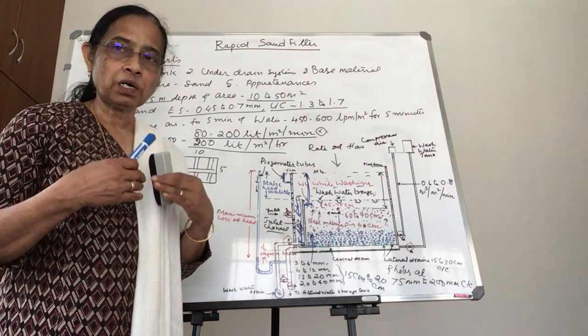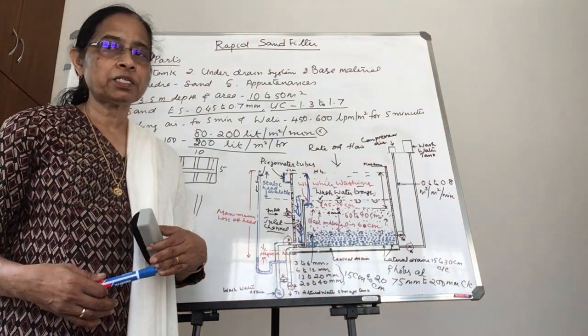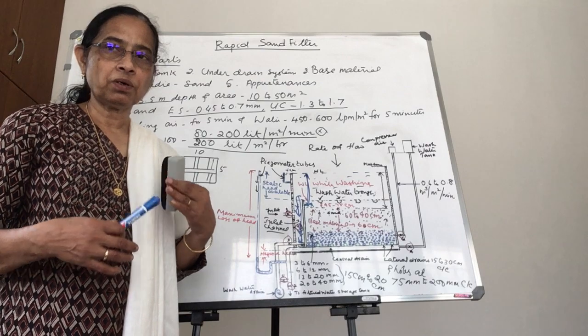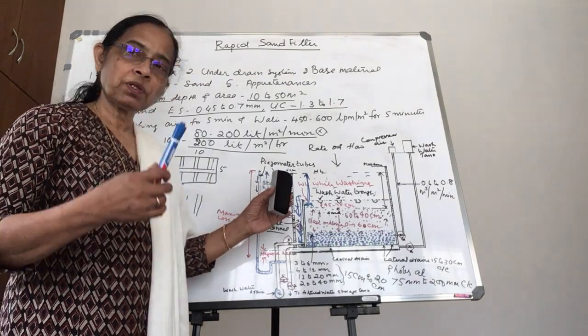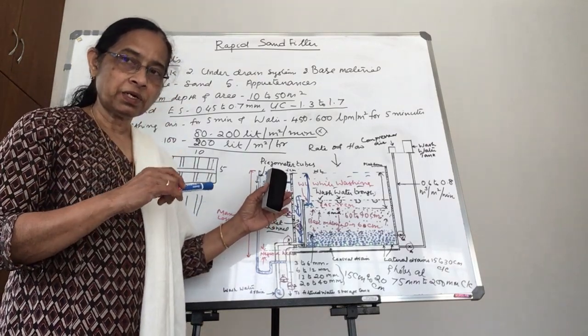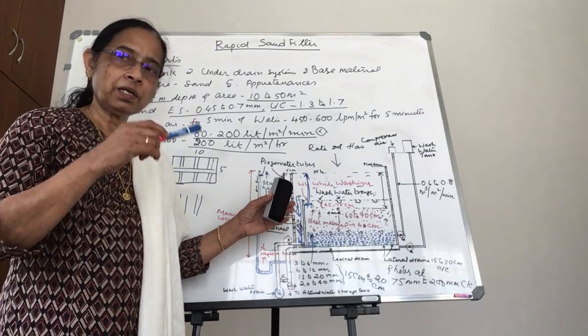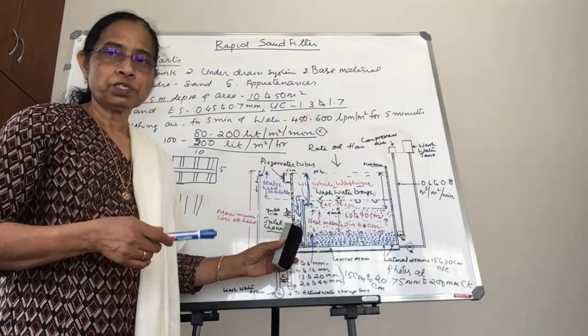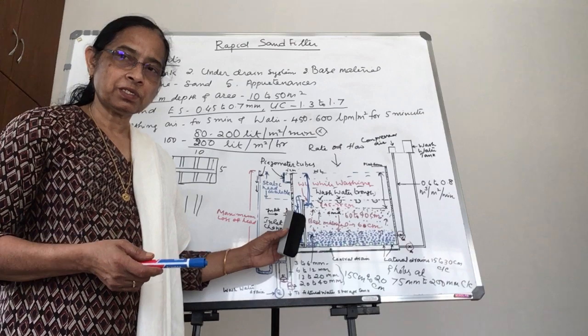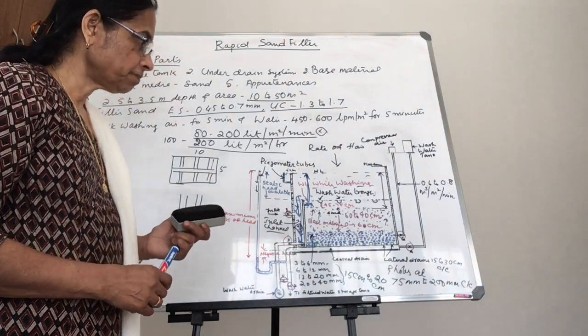That means it is for inlet as well as outlet of the dirty water. So inlet for the sedimented or clarified water, and outlet for the washed water. Okay, that is the two purposes of this inlet channel.